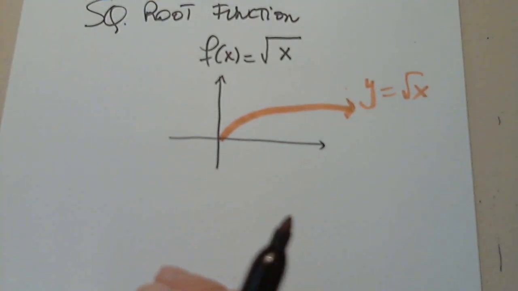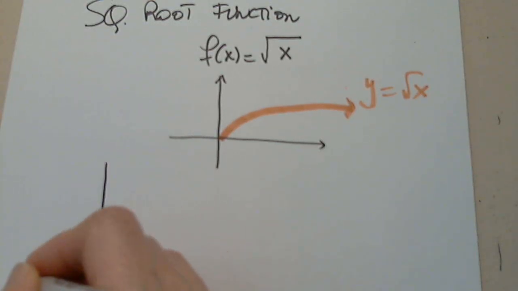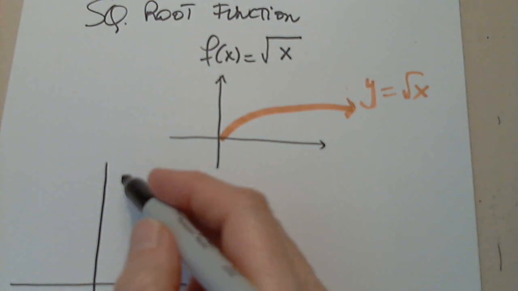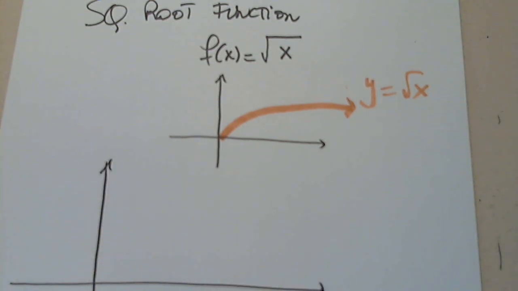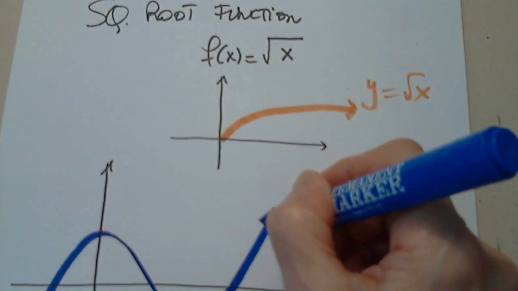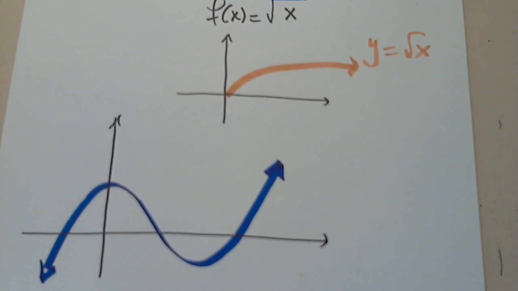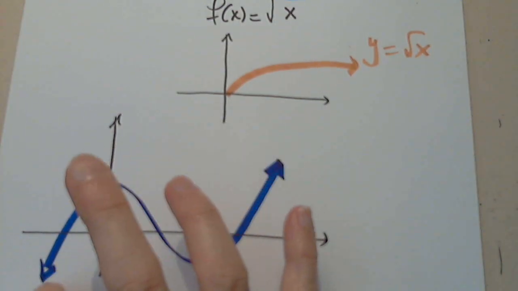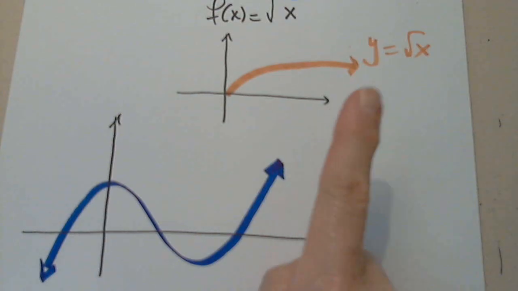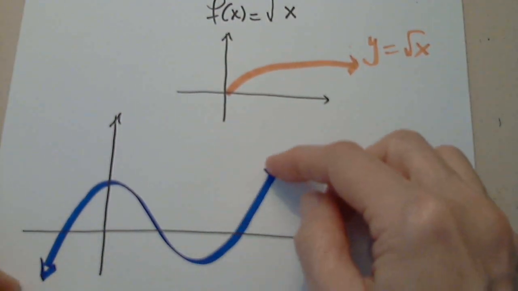Okay, we're going to open the practice in a moment, but I just want to discuss something on a graph. So let's suppose we're going to look at a graph like this. When we see arrows, like this one going up and like this one going down, it means that the graph goes on forever.